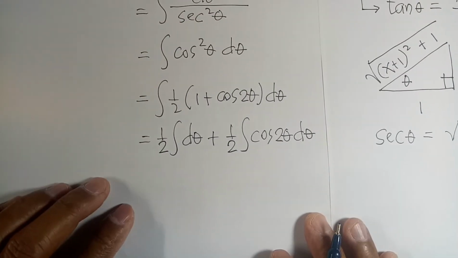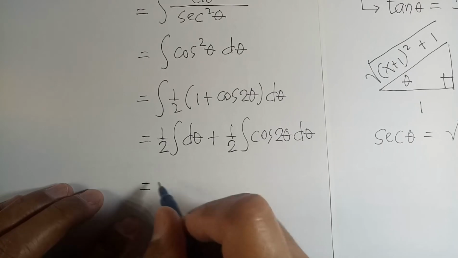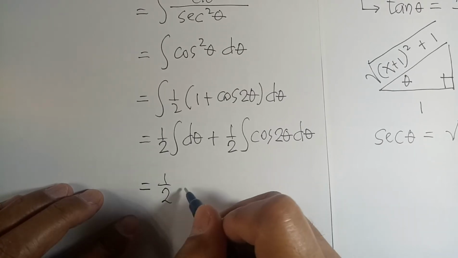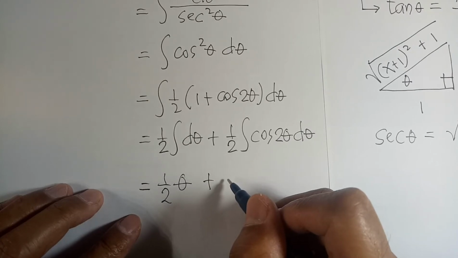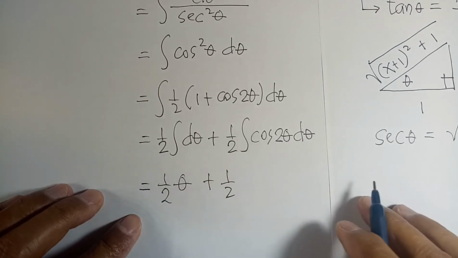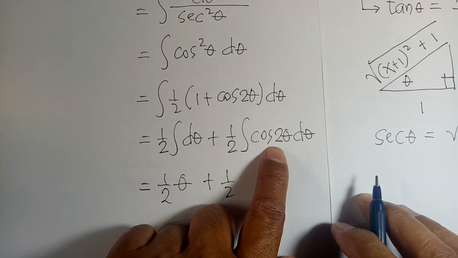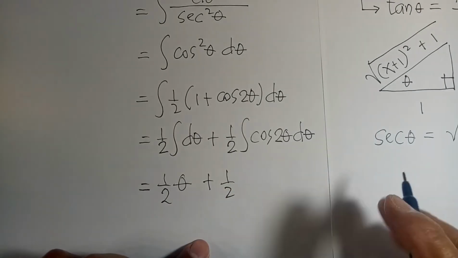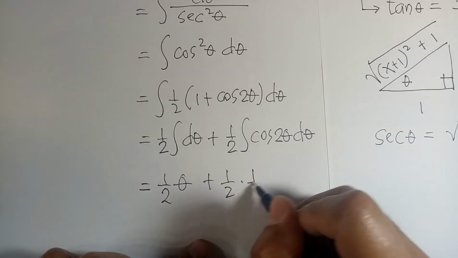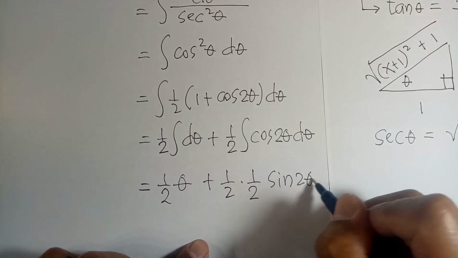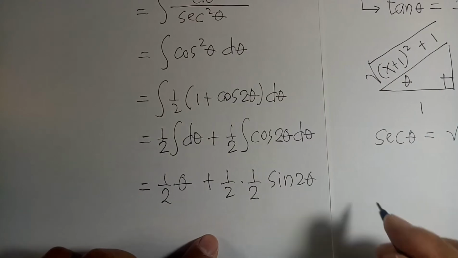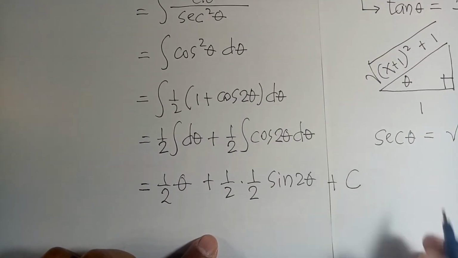At pwede na silang ma-integrate pareho, no? So magkakaroon tayo ng 1/2 of theta plus 1/2, no? So, integral of cosine 2 theta is 1/2 sine of 2 theta. So, 1/2 sine of 2 theta. And then, of course, plus c.